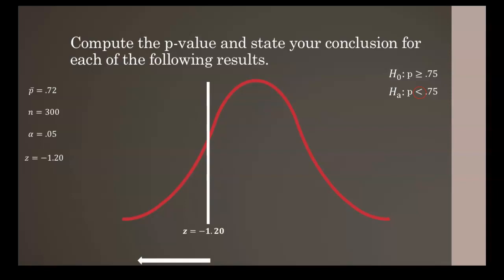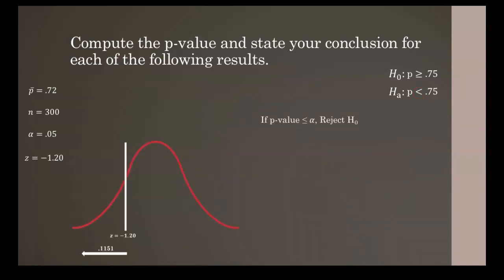So we need to find the area to the left of that z-score. Now we'll look in our z-score table and find the area to the left of negative 1.20, which comes out as 0.1151. That area to the left, that 0.1151, is your p-value.